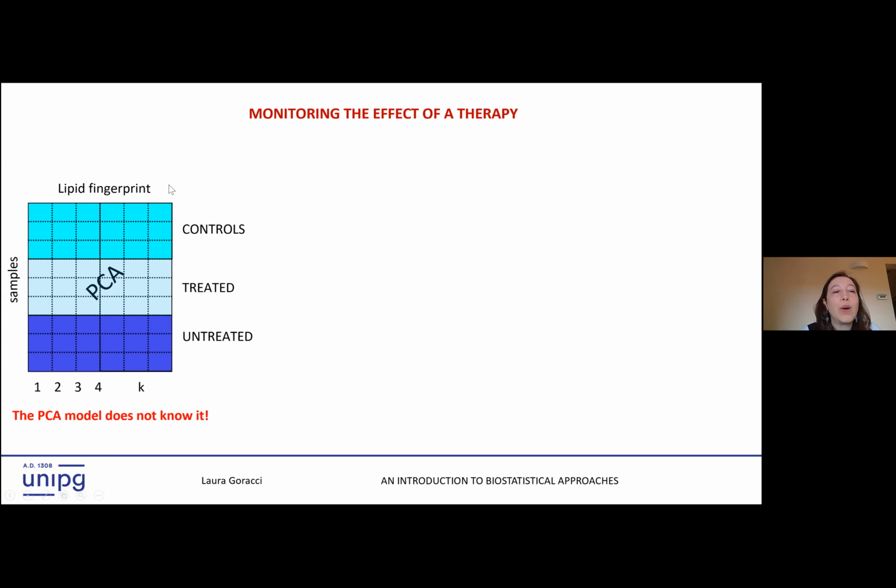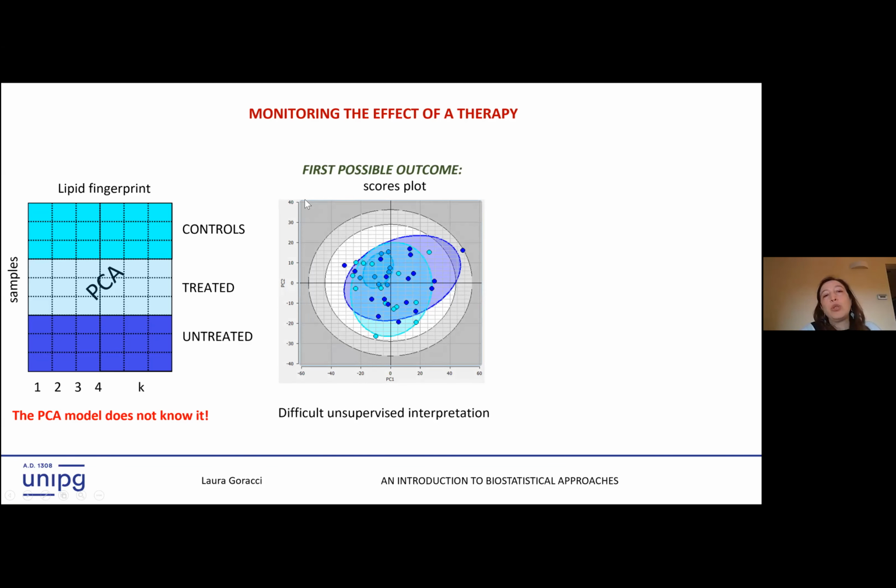What can happen when you are applying a PCA? Let's imagine that we have 3 classes: controls, treated and untreated samples, but our method doesn't know, because if I want to apply PCA, I'm not providing this information to my method. And I can have 2 possible outcomes here.